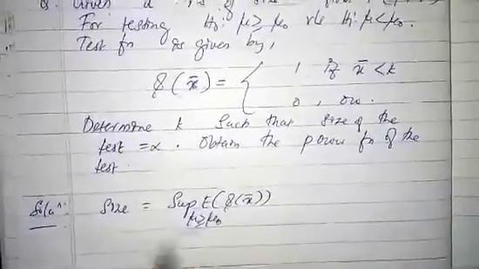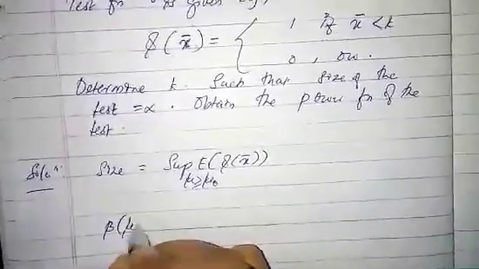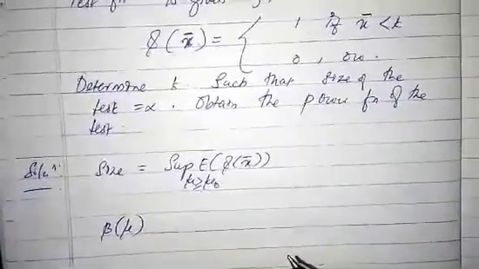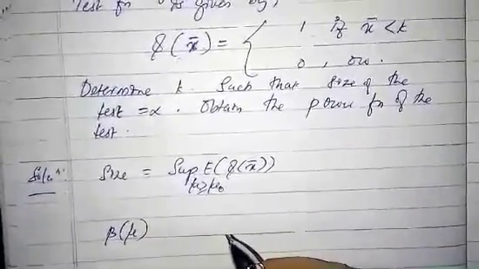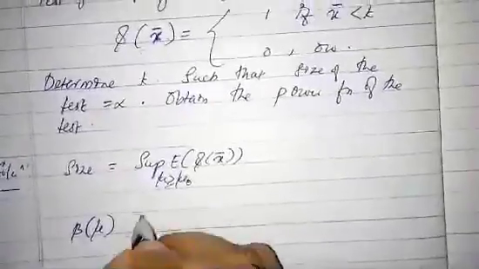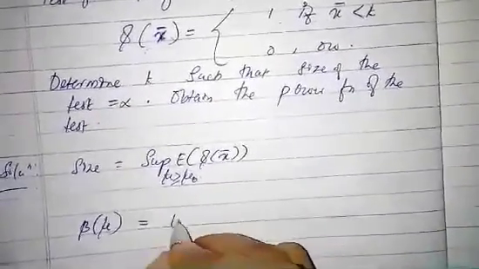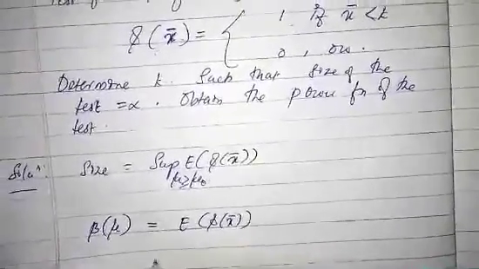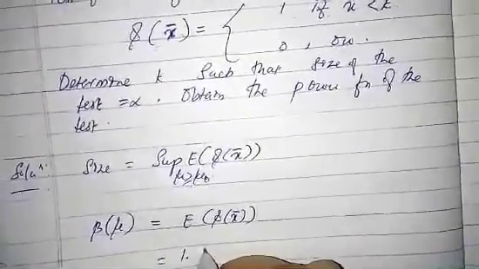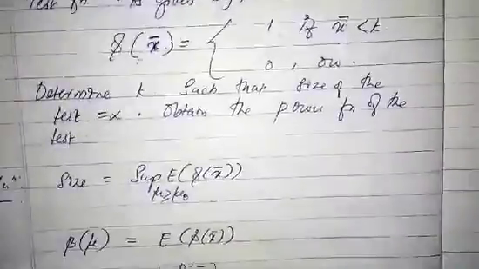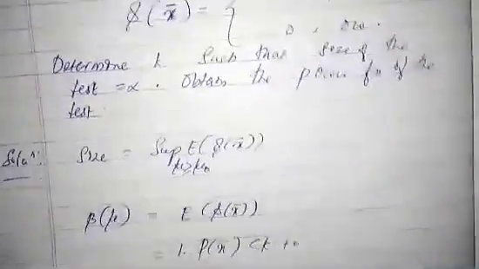For that, first we have to write beta of mu, then find out whether beta dash of mu is an increasing or decreasing function, right? Here, what is beta of mu? Beta of mu equals the expectation of phi of x bar, which is equal to 1 into the probability of x bar less than k, plus 0, right?